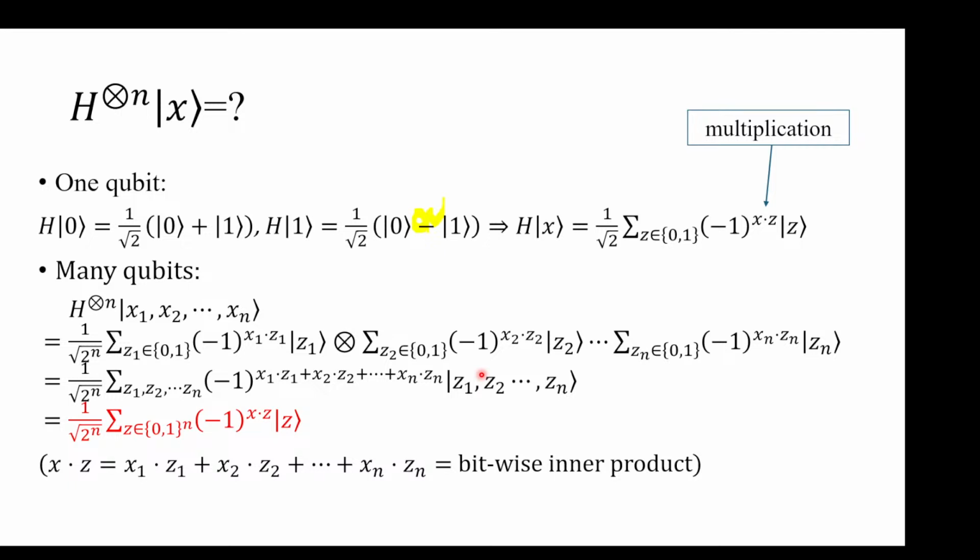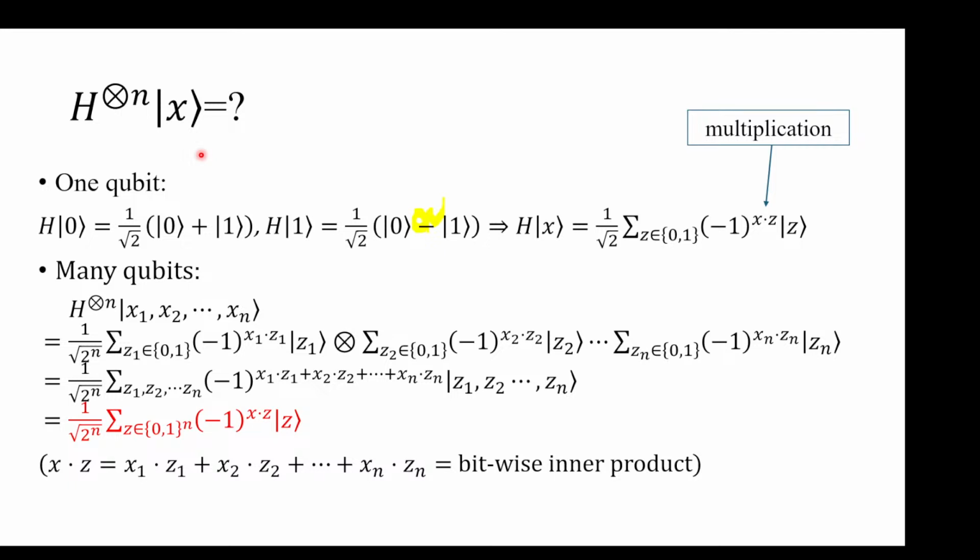Okay, and now this is a nicer form, and we can invent a notation, the bitwise inner product, to write x1·z1 + x2·z2 all the way to xn·zn. The input string x is an n-bit string, so we can think of this n-bit string as basically an n-dimensional vector.